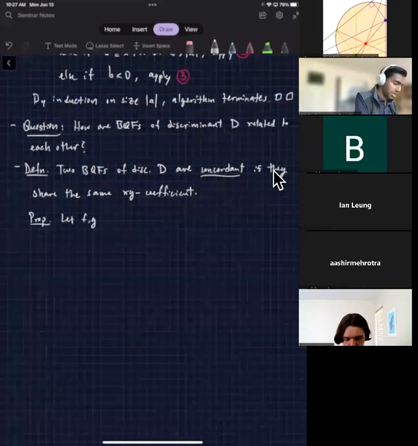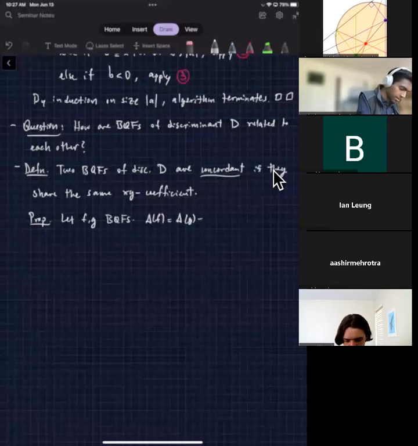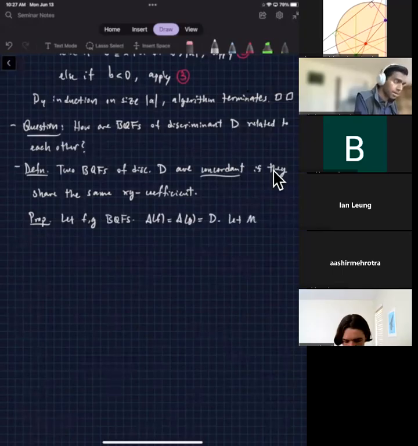So let F and G be BQFs where the discriminant of F is equal to the discriminant of G is equal to some D. And let M be some non-zero integer.